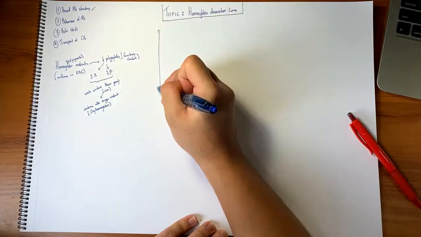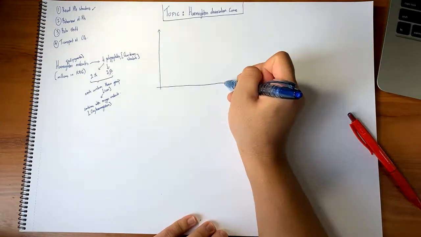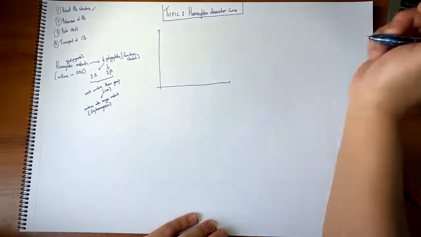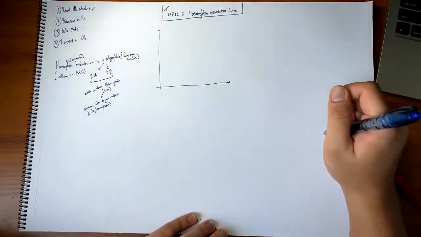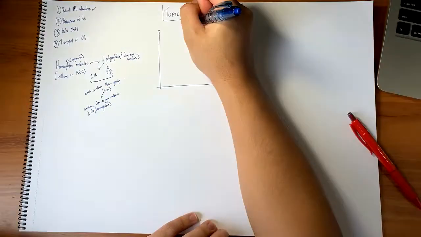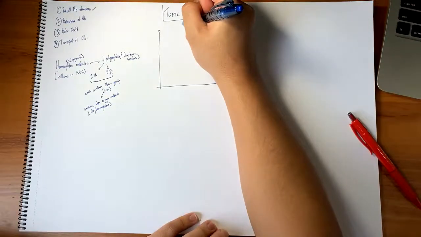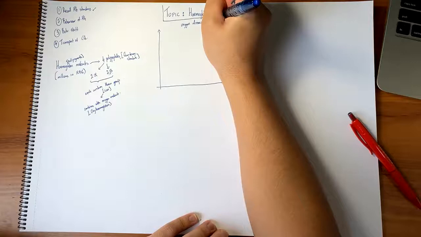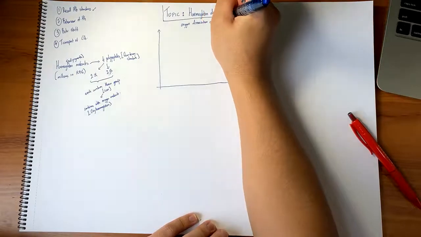This is the graph that you should be quite familiar with, the one you should concern yourself with. This is what you call the oxygen dissociation curve or graph.